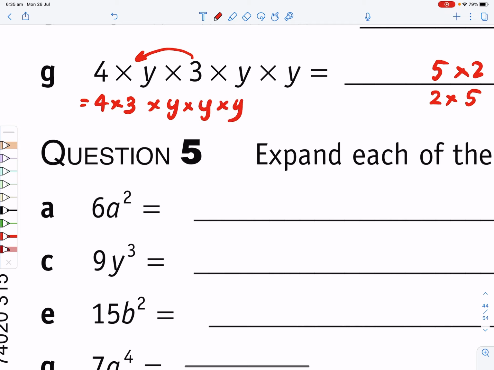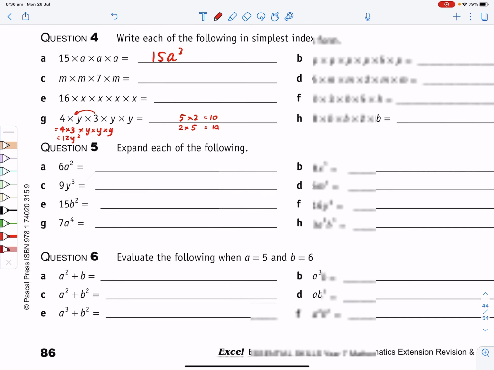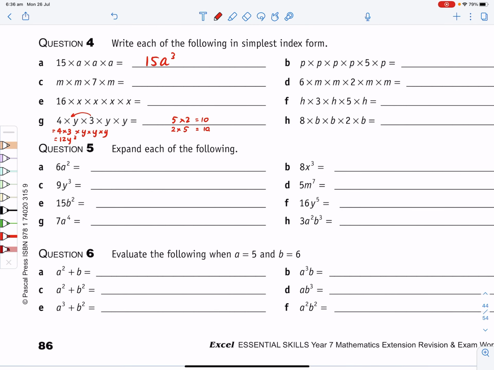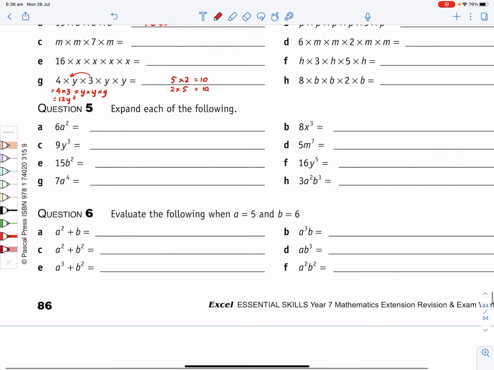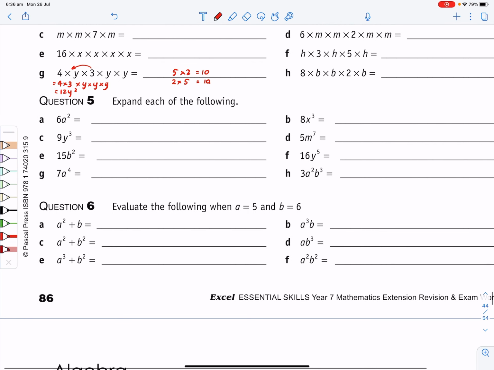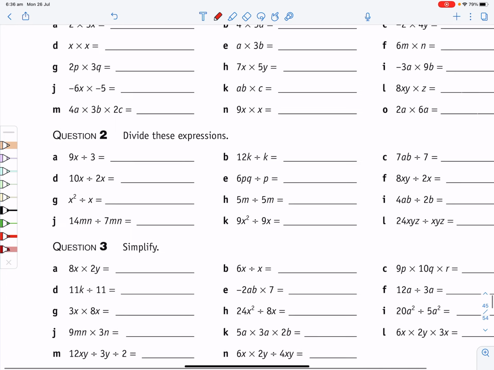No problem. And that'll give you 12y cubed. Okay. Again, the rest of the page is on substitution, continuing on from the last section.